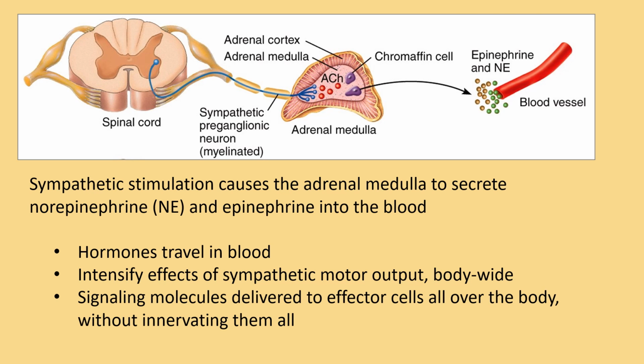So in this way, your adrenal medulla allows your sympathetic nervous system to sort of broadcast a message body-wide, so many effectors can be reached via the signaling molecule norepinephrine simultaneously without having to send postganglionic motor neurons to every single effector.